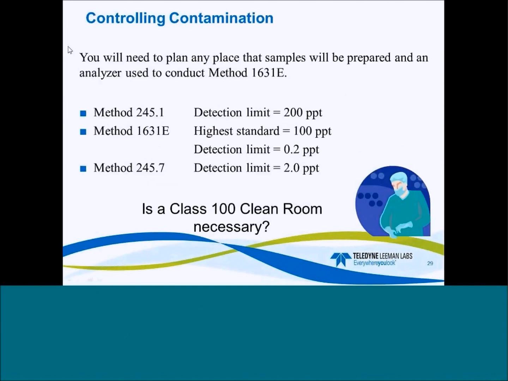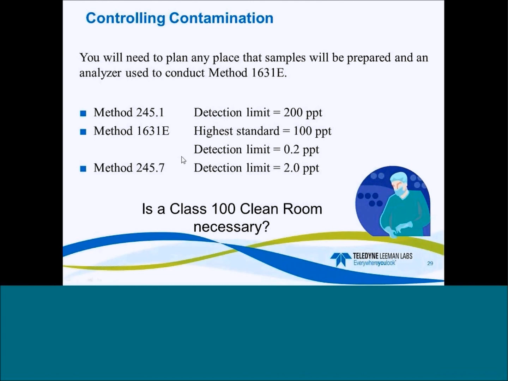So when you think of contamination, you have to realize the range that you're working in. In 245.1, you're up at 200 parts per trillion for your minimum report level. In 1631, the highest standard typically is only 1/2 of your report limit concentration for 245.7.